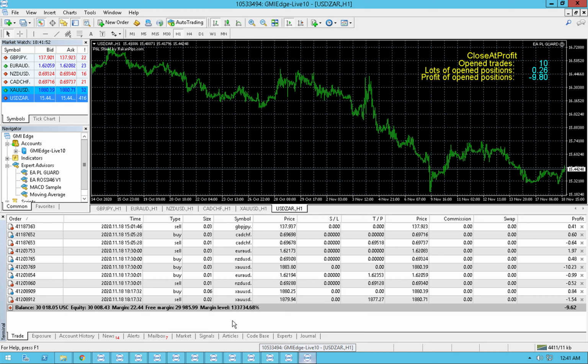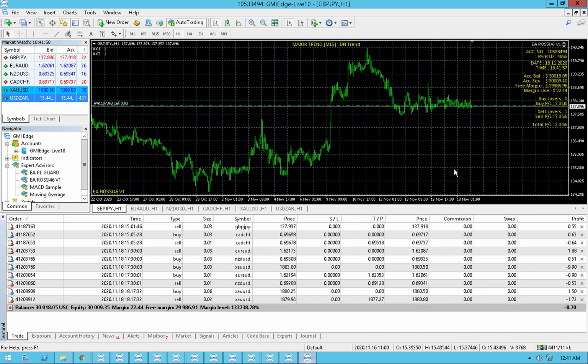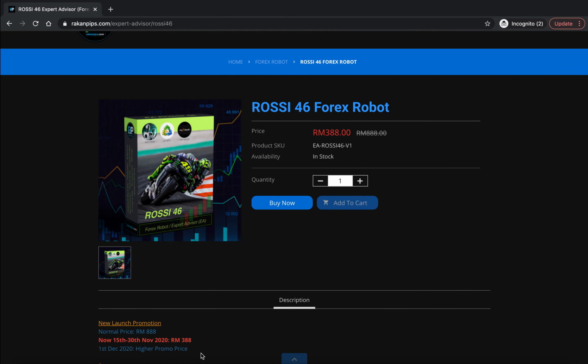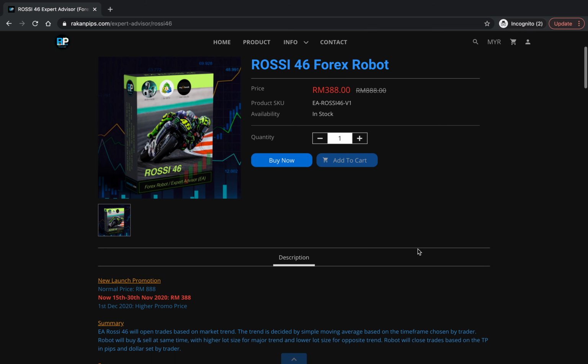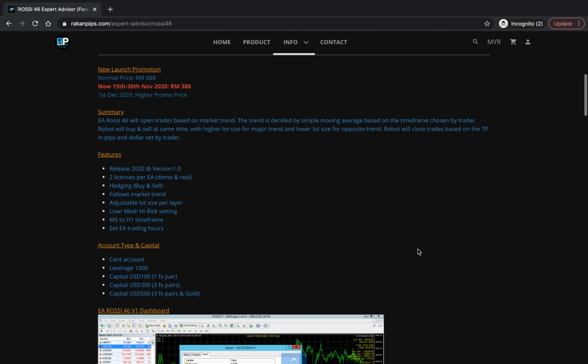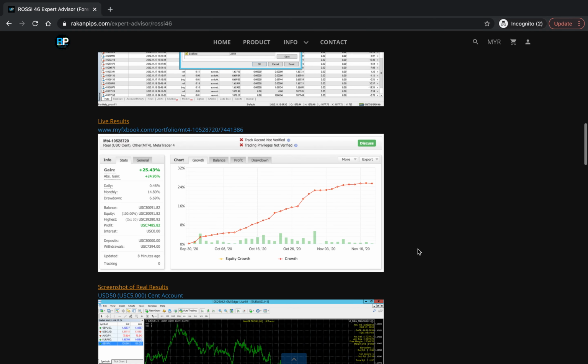Okay, so if you purchase the Rossi EA, you can also purchase together with the PL or profit and loss guard. So we go back to the page here. If you are interested in this EA, you can make the purchase.